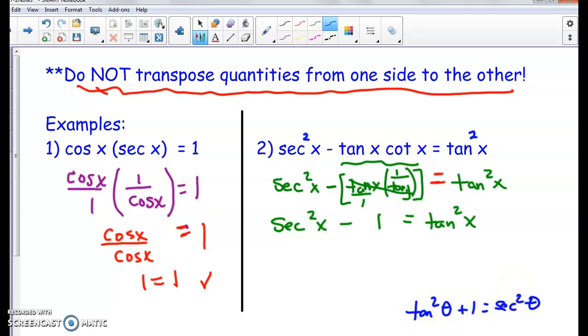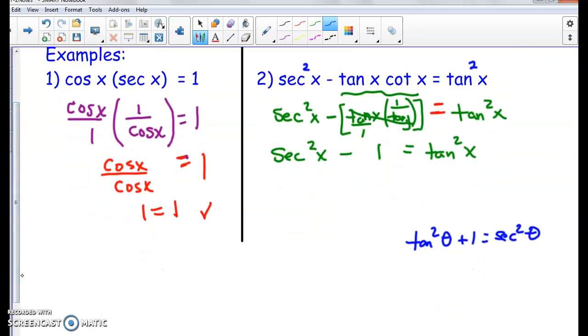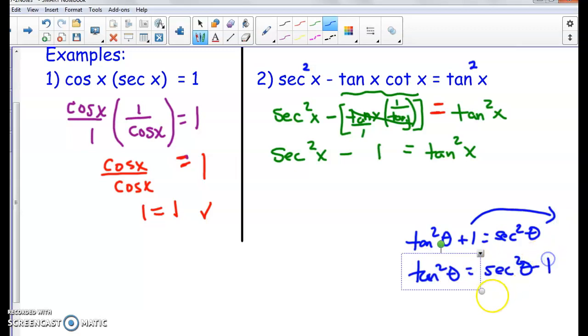And recall from the last set of notes that I said you could take any of those and transpose them, and these are identities, so you could manipulate them into different forms. Sorry, I got tongue-tied there. But anyway, your job is to look at this one and transpose it over. We get tangent squared theta is equal to secant squared theta minus 1.